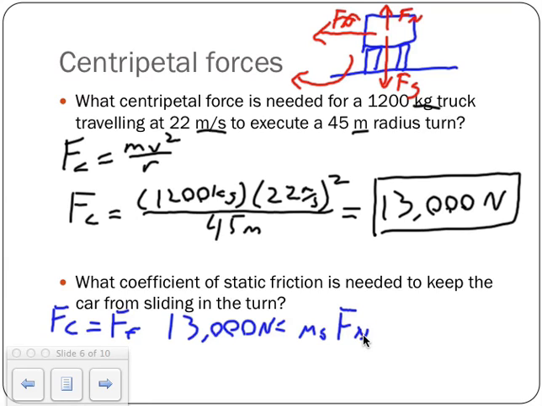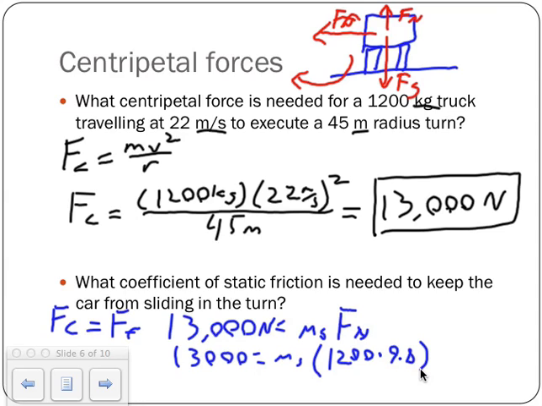Now, the normal force in this case has to be equal to the gravitational force because, as we said, the truck is not rising or falling. And gravitational force would be 1,200 times 9.8. So 13,000 would equal mu-s times the normal force, which is 1,200 kilograms times 9.8 meters per second squared for the gravitation.